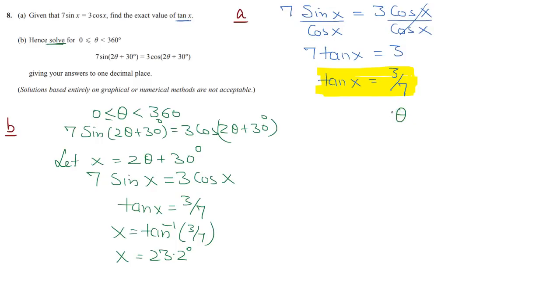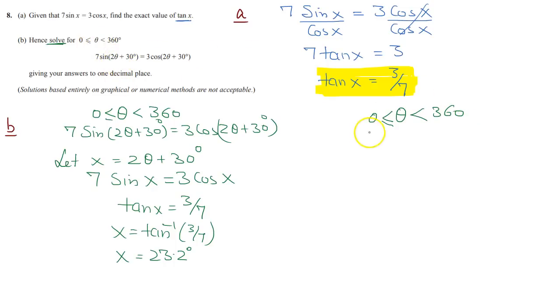Now here our condition is on theta. In our original equation we don't have x, we have theta only. So theta is greater than or equal to 0 and less than 360.